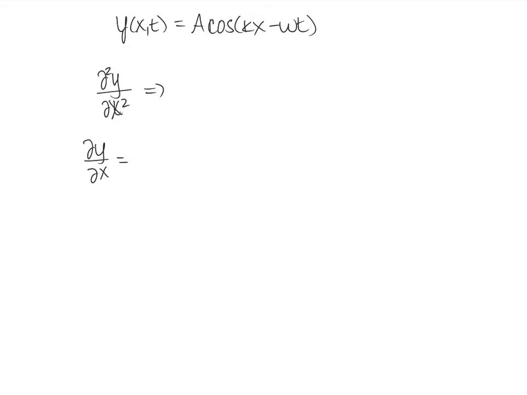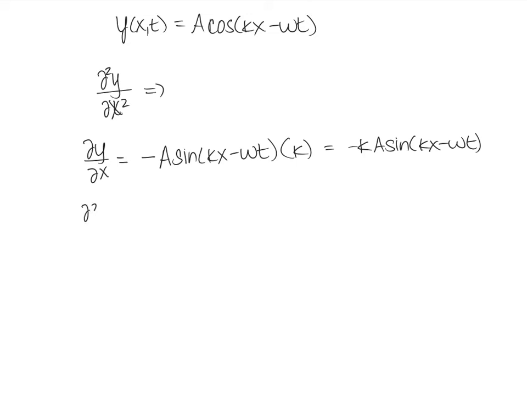The derivative of cosine is minus the sine again. This time we're taking the derivative of the argument of the sine with respect to x, so that's going to give us a k. So we get minus k a sine of kx minus omega t.